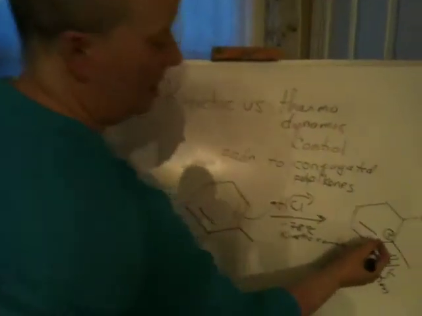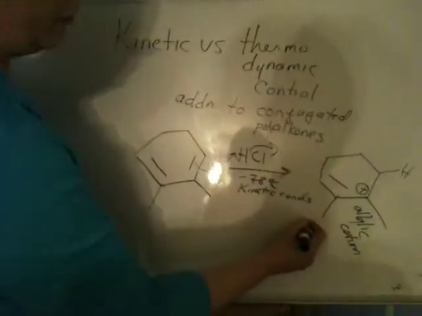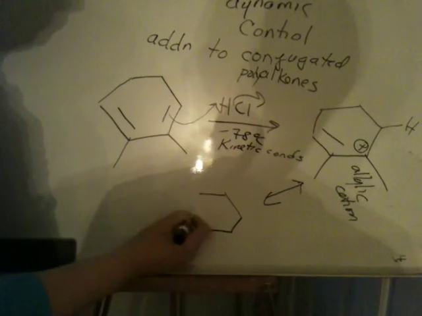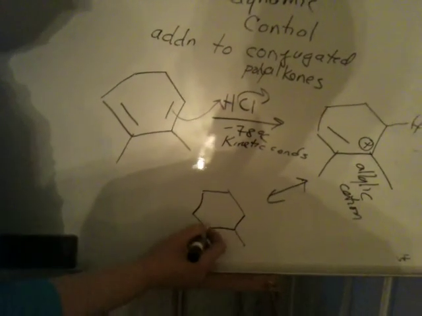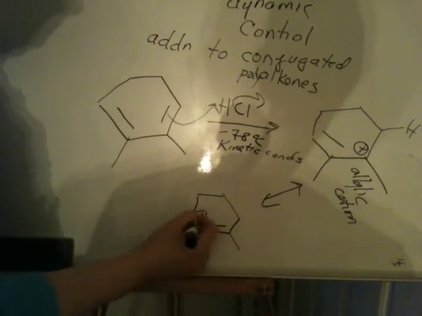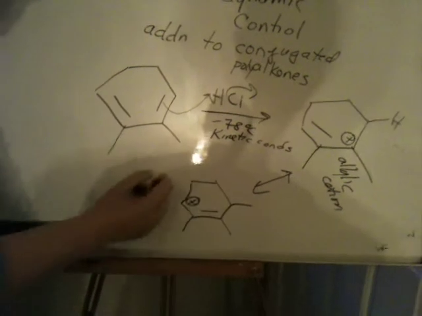So, what would the other resonance form look like? For those of you who draw hybrid structures, you might want to draw everything out in this case because you might have a little trouble getting the products. That's the other resonance form. What did I do?